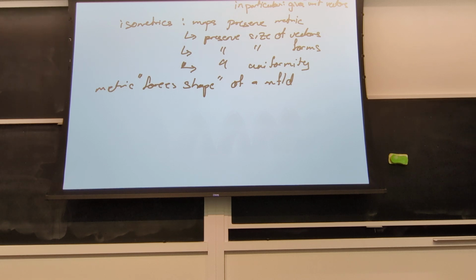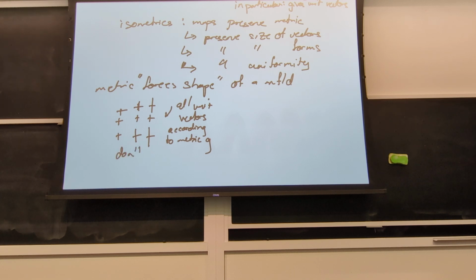And for example, let's say that you have a picture of some manifold where in your picture these are all unit vectors according to the metric, which I'll call g. Okay? But these don't look the same. So in order to get them to look the same, what you're going to want to do is shrink down these directions.